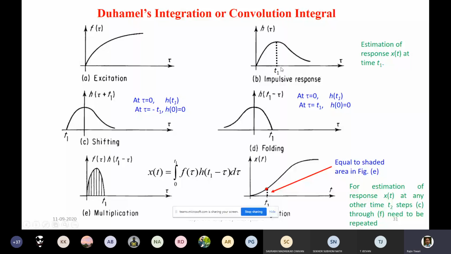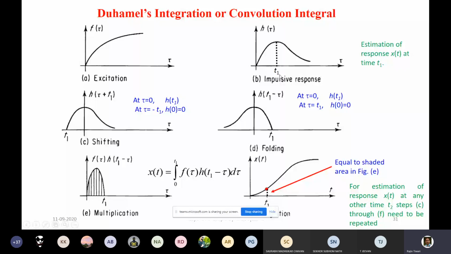Because this is h(tau), we are adding t1 to this. That means we are shifting the impulse response toward the left side. So this is the t1 value.